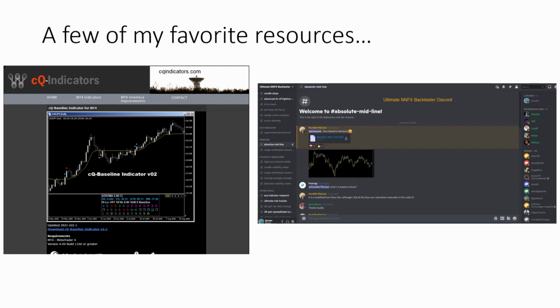And what's really cool is in his Discord, not only does he have the ultimate back tester available, but he also has a lot of other free indicators that he has created himself, and they're very unique. And I really enjoy going and looking through those indicators and trying them out. And again, I will have a link to this Discord channel in the description below.